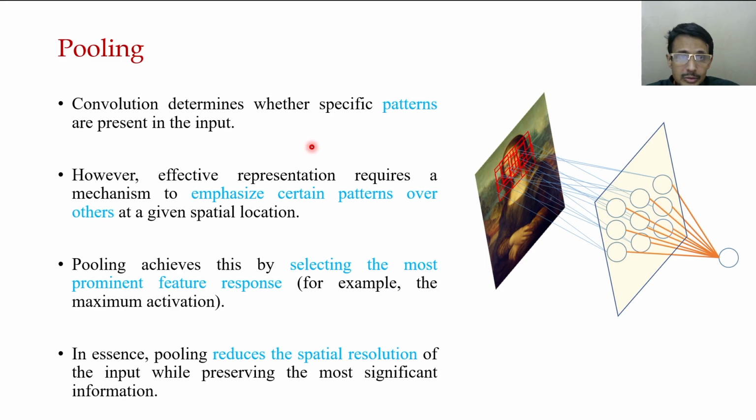It is not possible that in a very small position there is more than one pattern. So we have to understand what is the actual prominent pattern, and the others are maybe noise, maybe not so prominent.